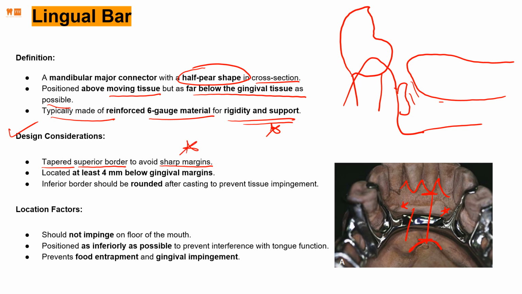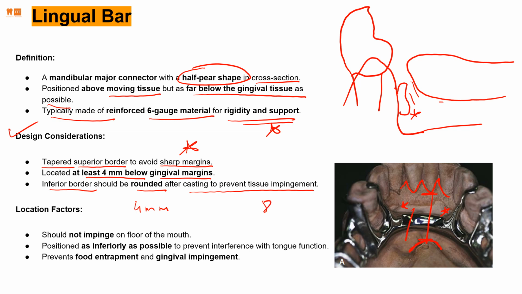And it must be located at least 4 millimeters below the gingival margin, and 7 to 8 millimeters of space must be present. The inferior border should be rounded after casting to prevent tissue impingement. So essentially what do we find here? We found that it must be located 4 millimeters below the gingival margin.